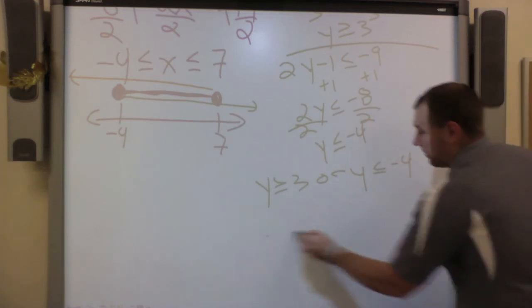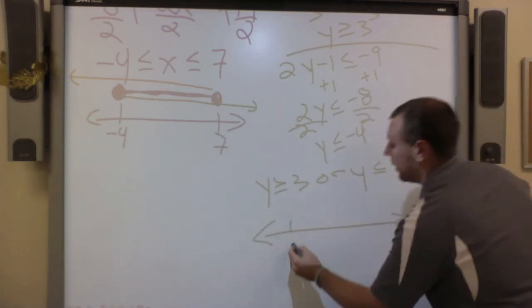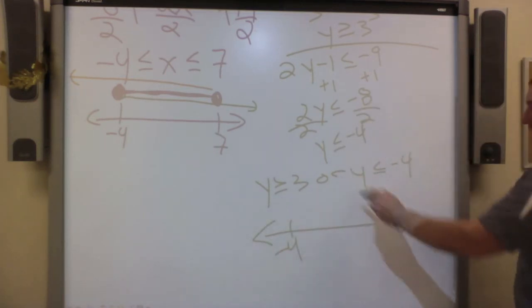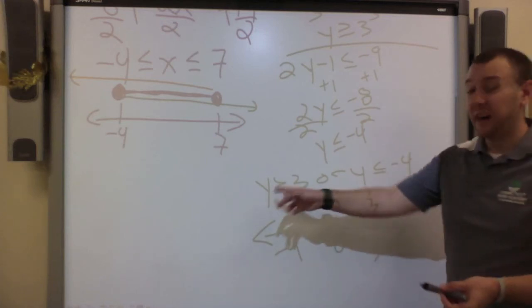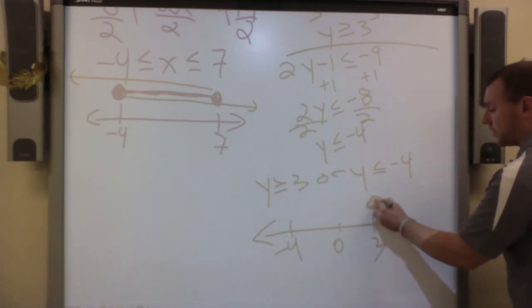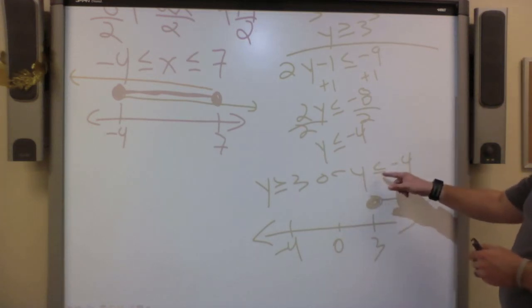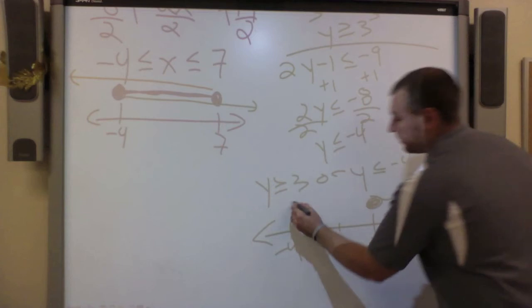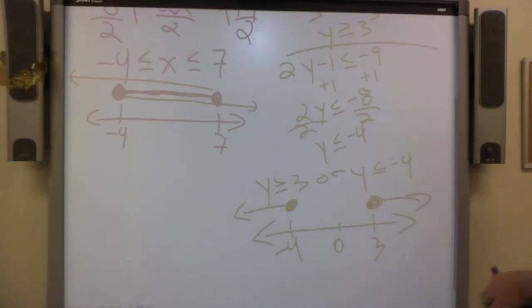So on a number line, I locate -4 over here, 3 is over here, 0 is somewhere over here. y is greater than or equal to 3, that's a closed circle, going this way. y is less than or equal to -4, and it's going that way. And I graph them both separately.